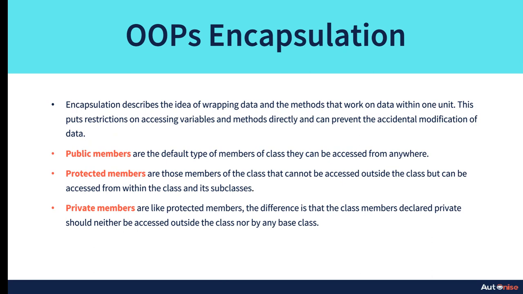Now the encapsulation principle, or the encapsulation theory, comes into play. We must be able to define the variables in three ways. One is public members, second is protected members, and the third is private members. These public, protected, and private members can have properties and methods. As the name suggests, public members will have all the properties and methods which are publicly available to the object.